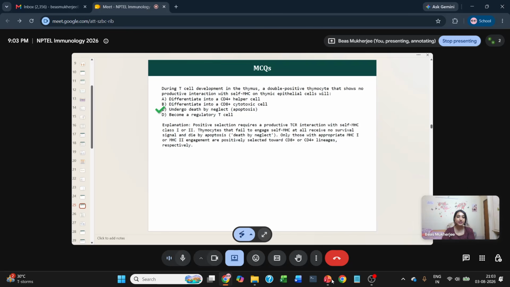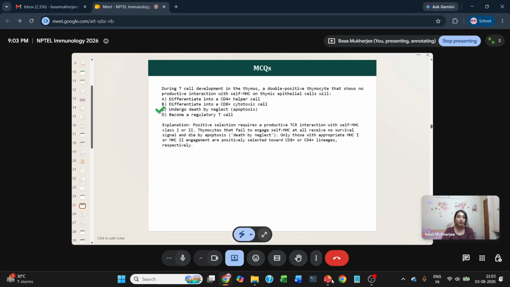So the explanation is that positive selection requires a productive T cell receptor interaction with self MHC class 1 or class 2. Thymocytes that fail to engage the self-MHC at all receive no survival signal and die by apoptosis. That is death by neglect.